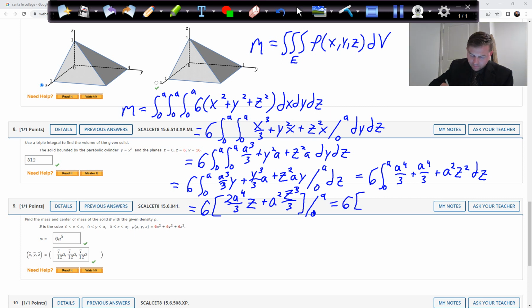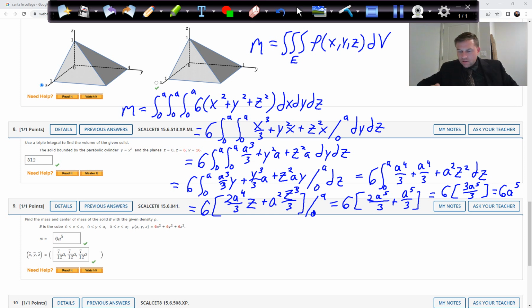This is going to be 6 times 2a to the 5th over 3 plus a to the 5th over 3, which is really 3a to the 5th over 3, which is 1a to the 5th. So this is basically 6 times a to the 5th, which gives us 6a to the 5th. So the mass of this cube is 6 times its dimension to the 5th power. That's the mass.